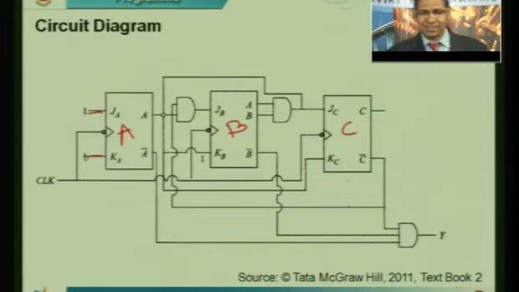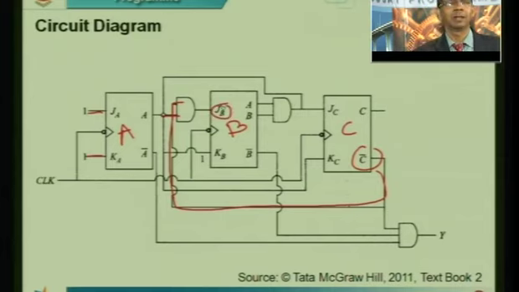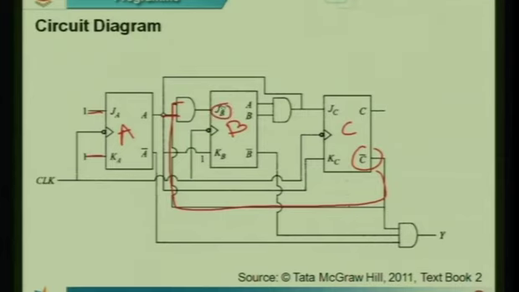So I get my CN bar here. I will take CN bar and AND it with AN and give that to JB, because JB was CN bar ANDed with AN. What was KB? KB was nothing but AN. So AN I am also giving here to KB.